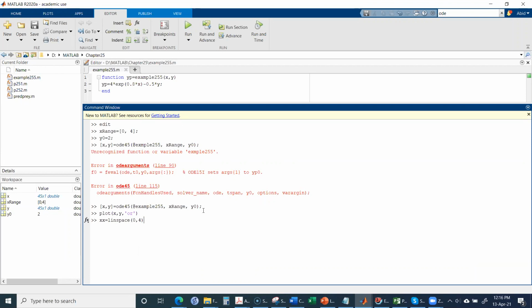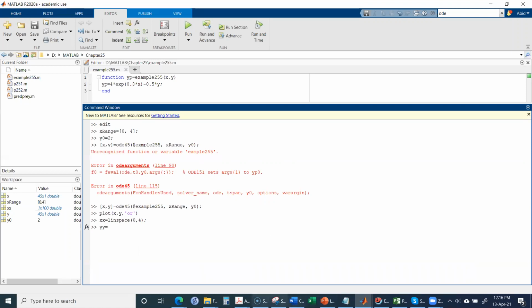This linspace 0 to 4 command will produce 100 equally distributed values of x between 0 and 4. And then for the analytical solution, maybe I can represent it by yy is equal to.